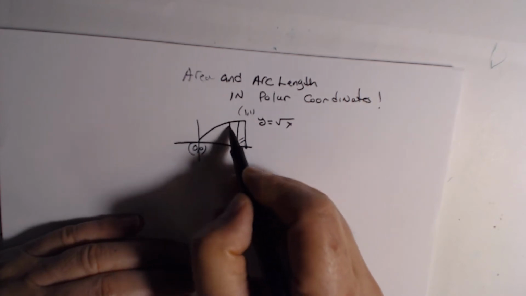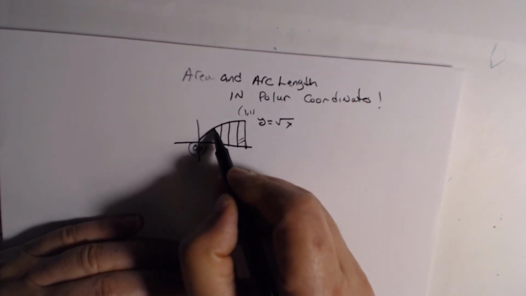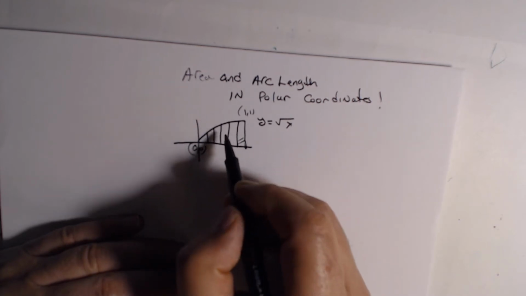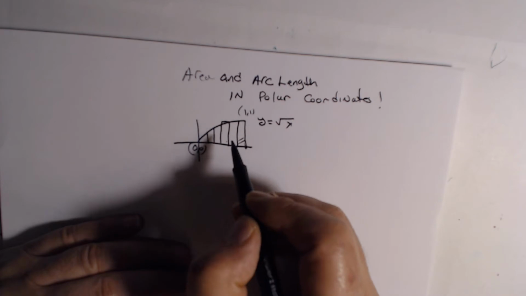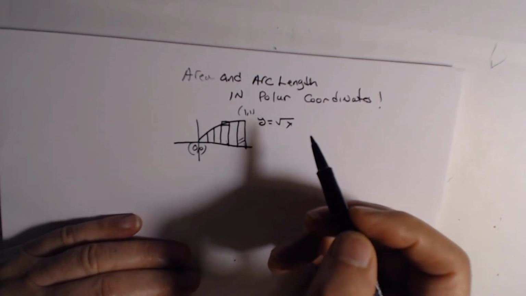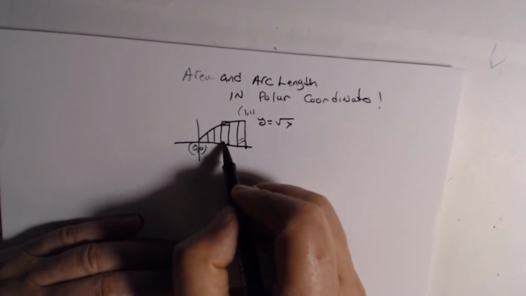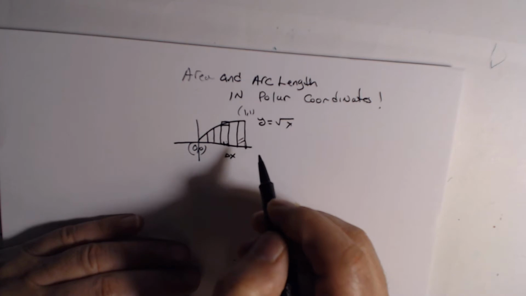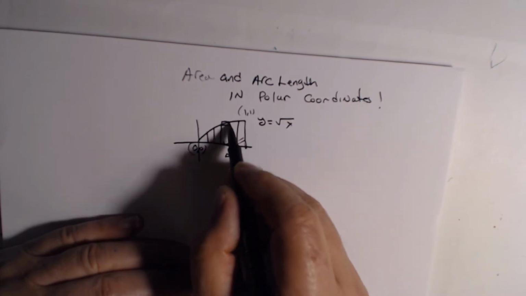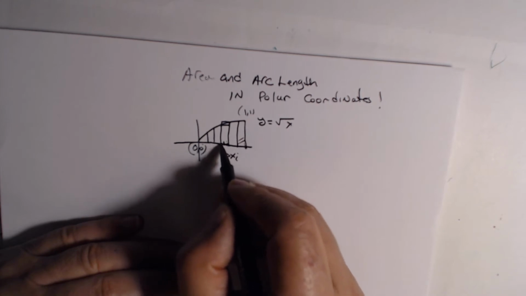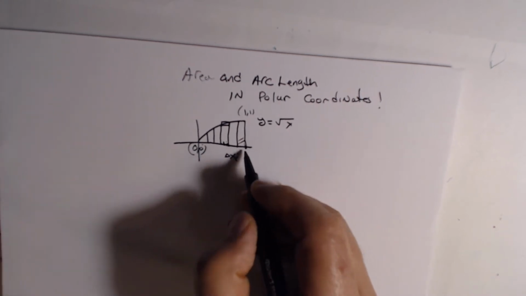What we did was divide it into many rectangles, and either we used the right corner, the left corner, or maybe the midpoint. We said the width is delta x, and the height is for the ith rectangle, first, second, third, fourth, fifth, sixth, whichever, that's the ith one.